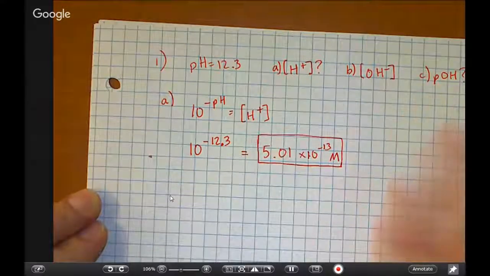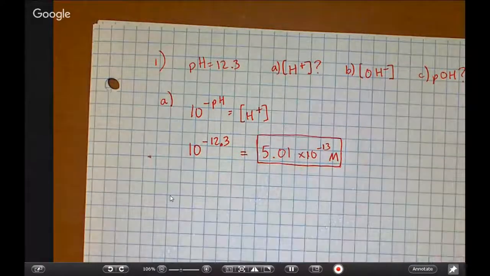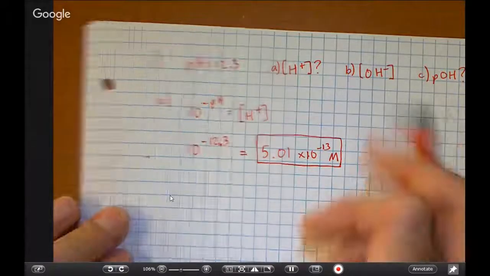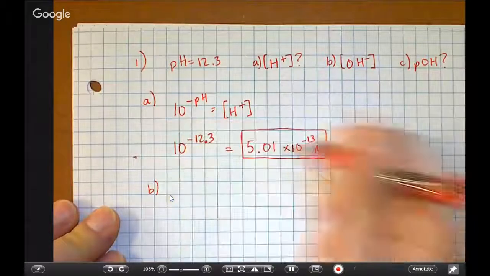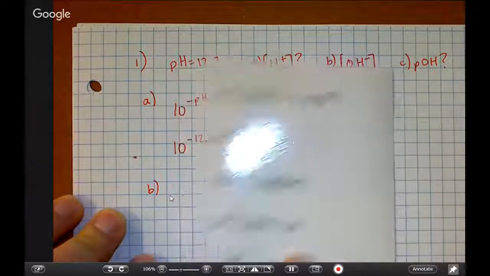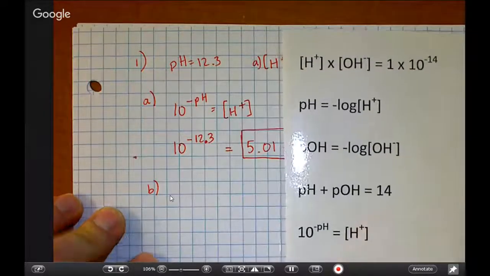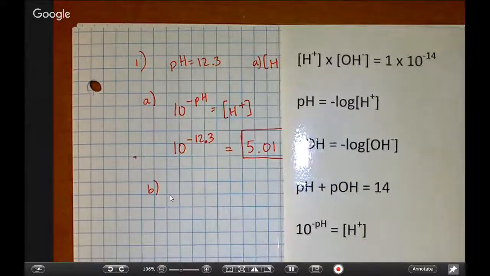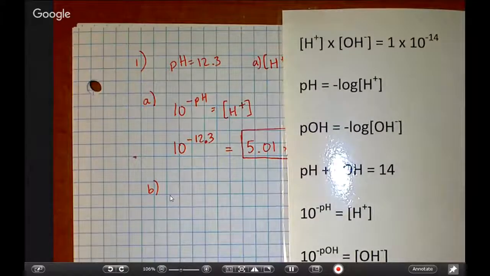Now, do we want to do B or C next? You want to do B? Okay, to do B, if we want to find hydroxide, which equation is going to be the best one to use, do you think, based on the information we have?